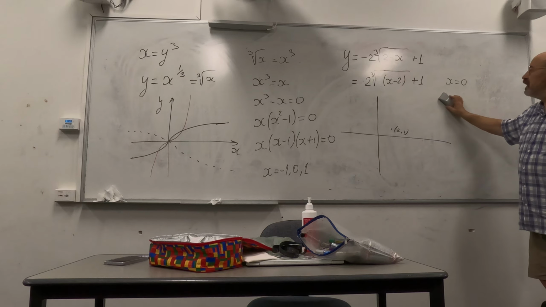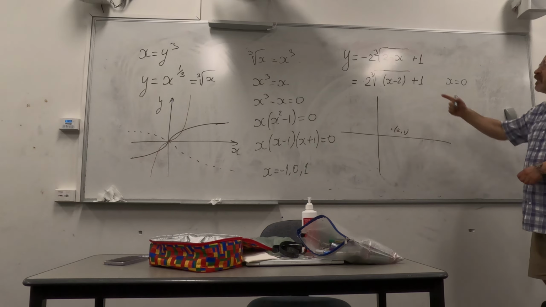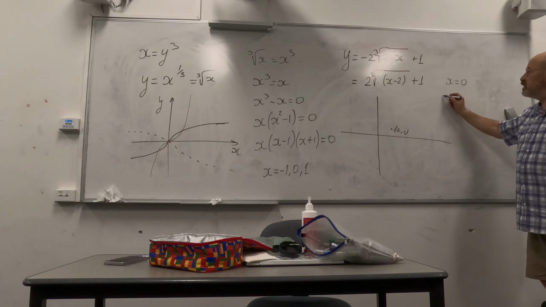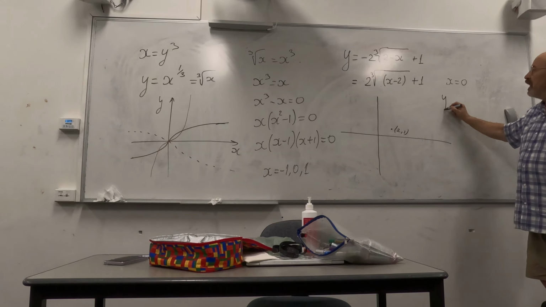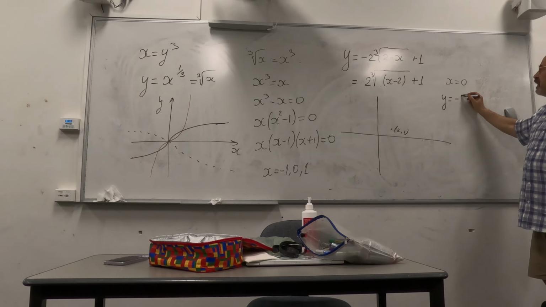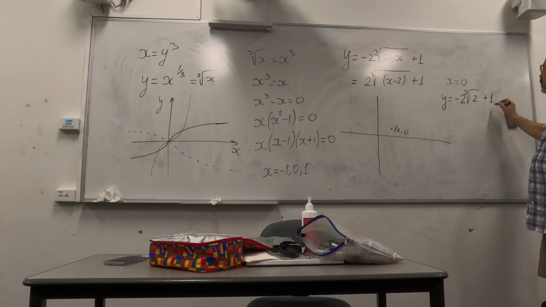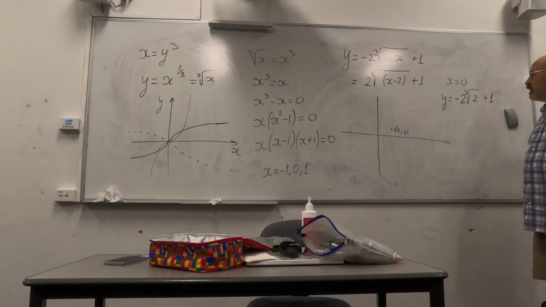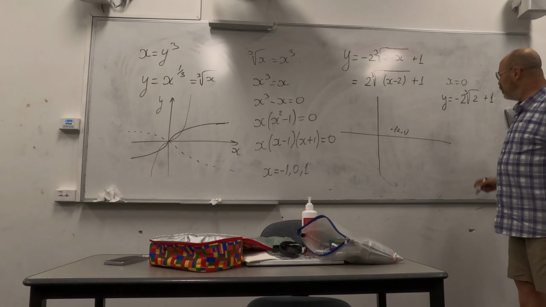So then we have x equals 0, but then this will be minus 2, so we still have y equals negative 2 cubic root of 2, plus 1.